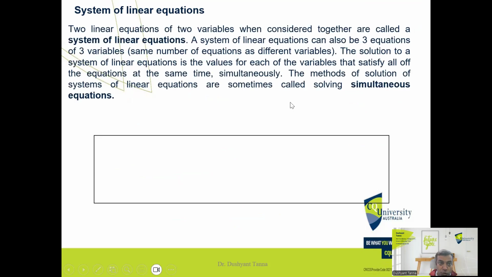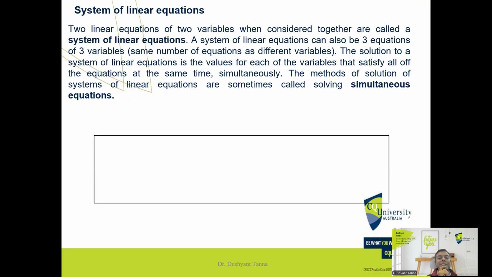Two linear equations of two variables, when considered together, are called a system of linear equations. It can also be 3 equations, 3 variables, or plus minus a few variables, a few equations. It may happen that 2 variables and 3 equations, or 3 variables and 2 equations, and everything will come up with its own results.